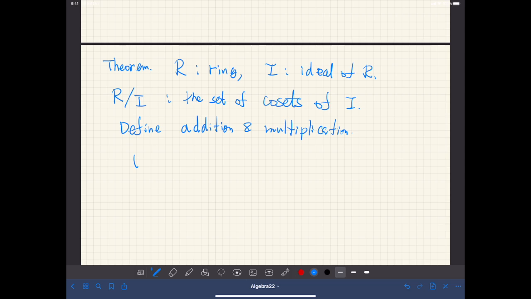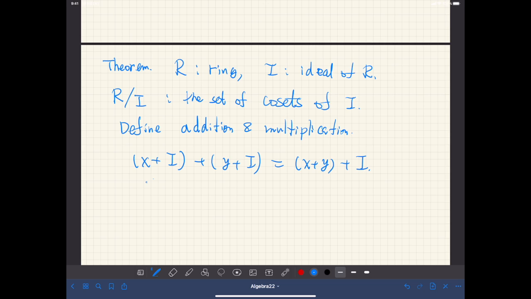So x and y are elements of R. x plus I is a coset of I containing x, and we define addition between two cosets by this.